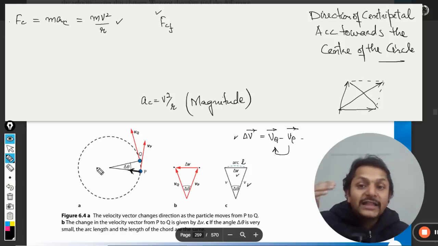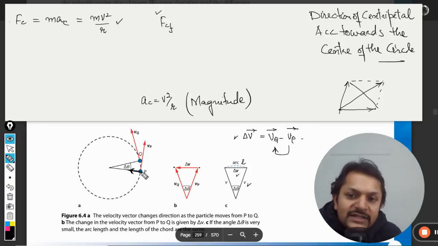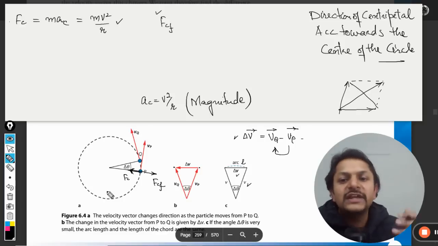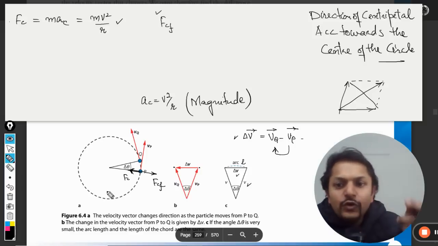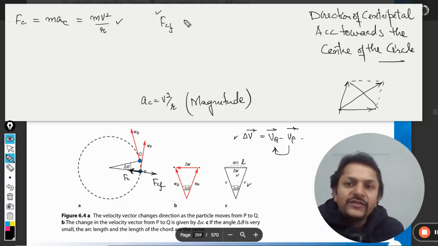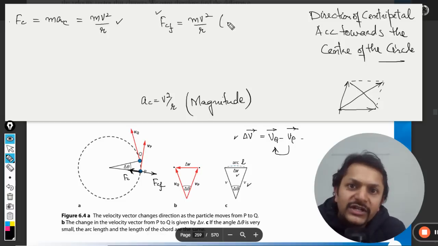And that is because there is a counter force here which is called centrifugal, which is the reaction part of centripetal force. So centrifugal is the reaction part of centripetal. Thereby it means that they are equal in magnitude but opposite in direction.